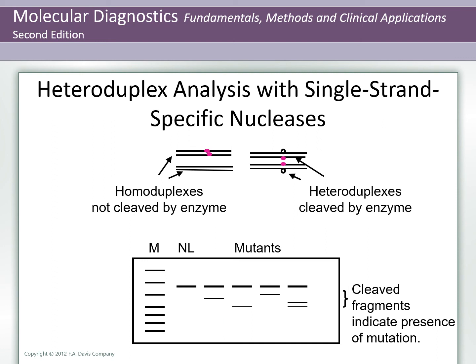After PCR, the single-strand endonucleases cleave mispaired regions of heteroduplexes, then the cleaved fragments can be resolved by agarose gel electrophoresis. The normal can be seen in the first lane after the molecular weight marker designated by M, and all subsequent lanes show mutants in which various cleaved fragments can be seen, indicating the presence of mutation.